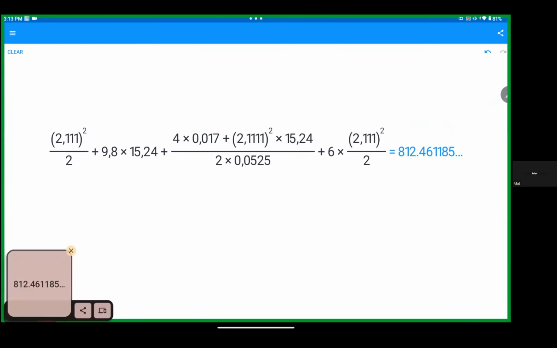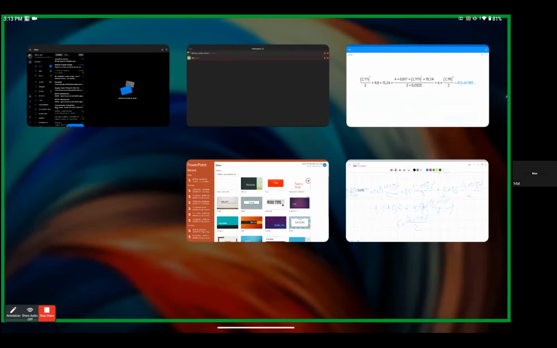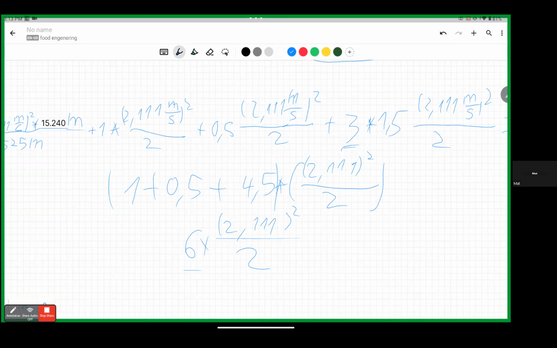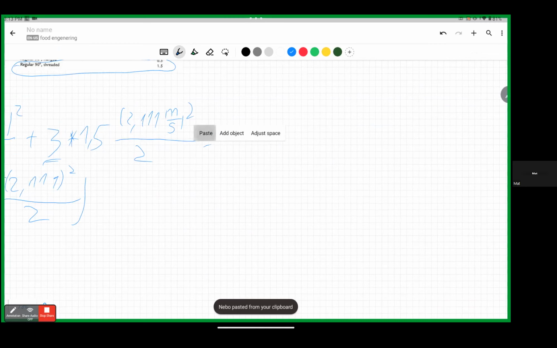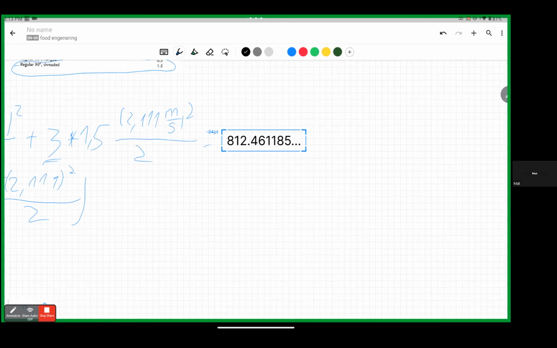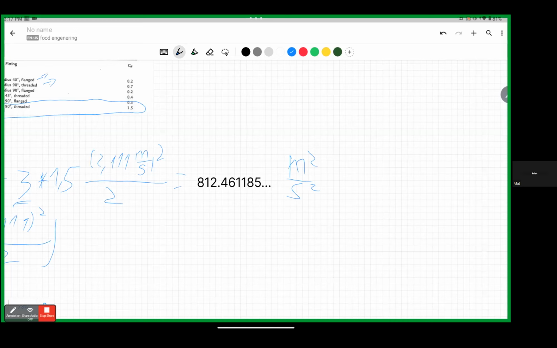Okay. This will be cubic meters per second. Okay. And with this information, we are just getting the last part. It's the power of pumping.